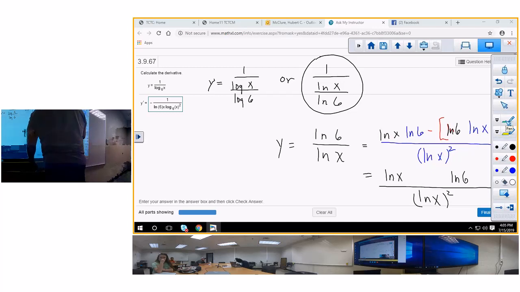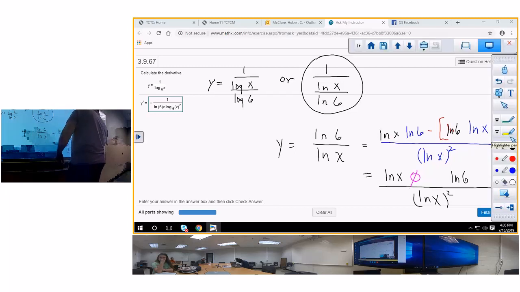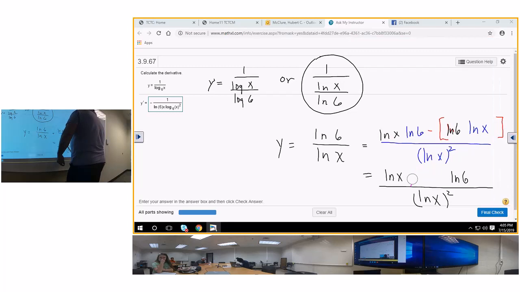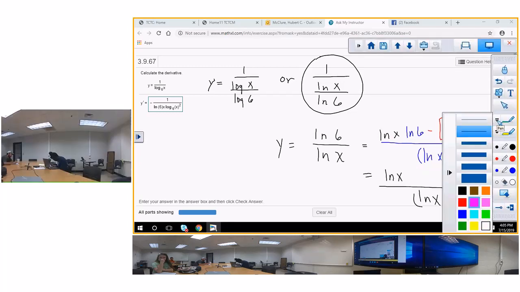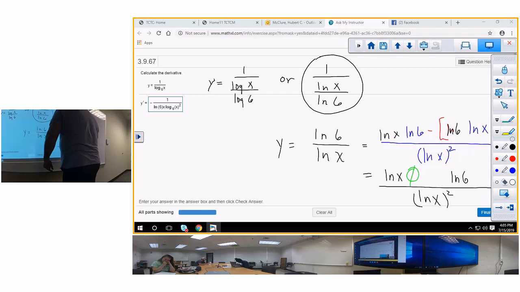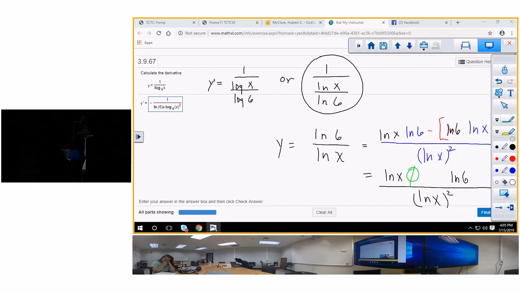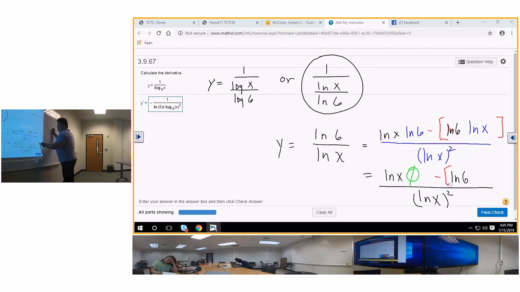And what is the derivative of the natural log of 6? Is it 1/6? What's the derivative of the natural log of 6? Zero. Thank you.